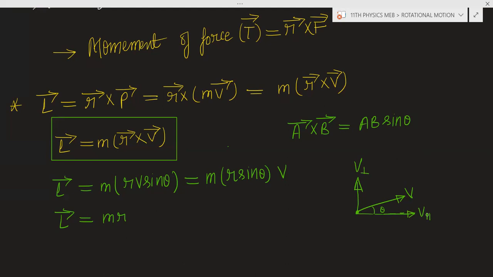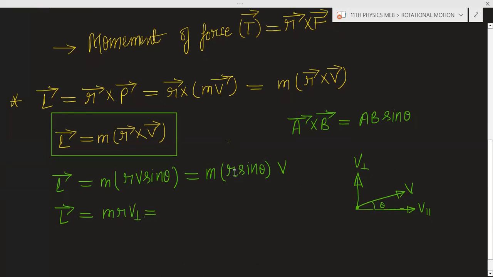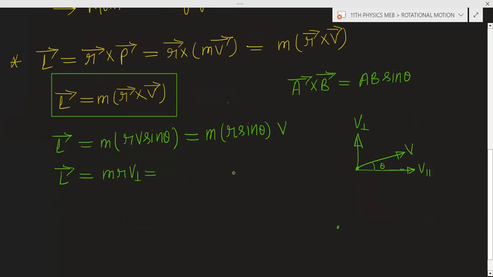So you can write m into r into v perpendicular, or in terms of r sine theta. If suppose this is r, and this is theta, so this component will be r sine theta, and this component will be the perpendicular component of r.